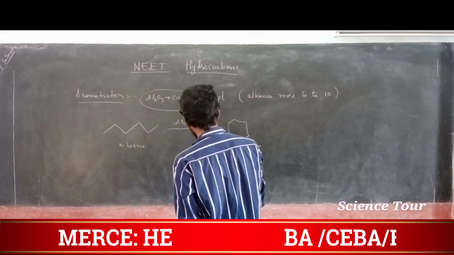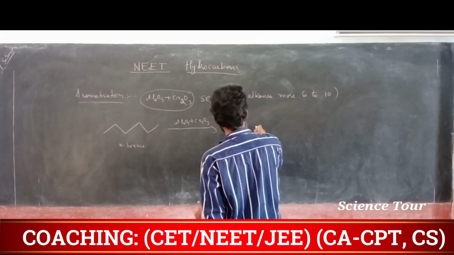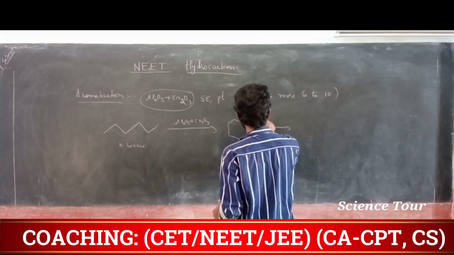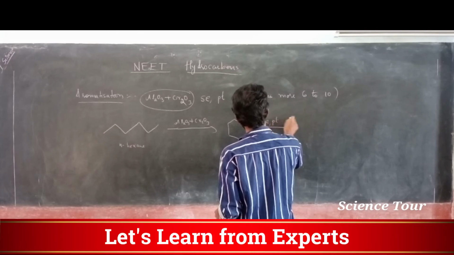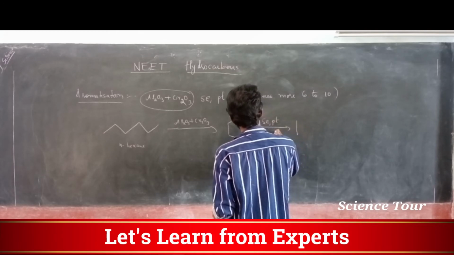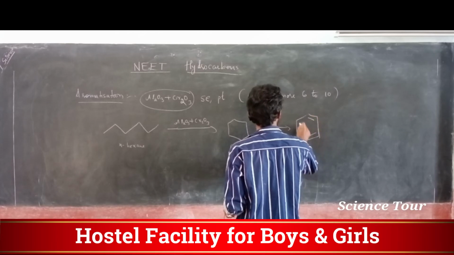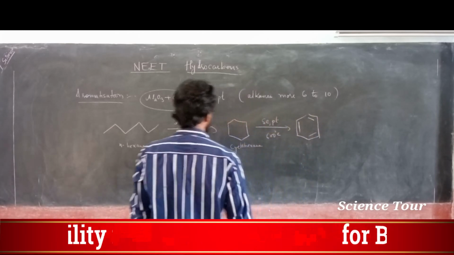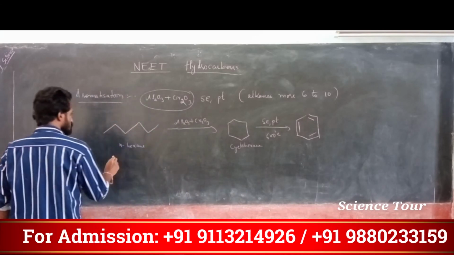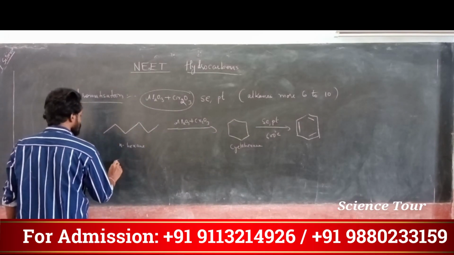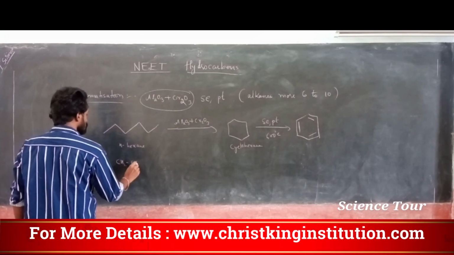Understood? Next what happens, my dear students? Next you are treating with selenium and platinum and heat to 600 degrees Celsius. It will get converted into benzene. I will write it like this. This is just bond line structure, my dear students, don't get confused.